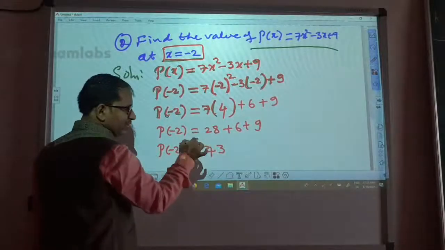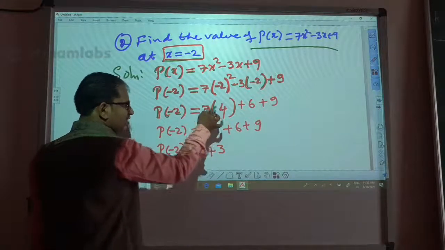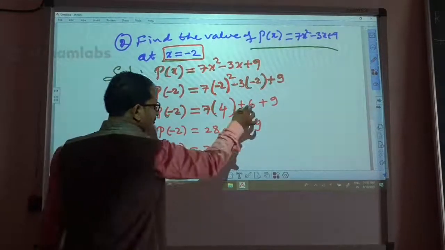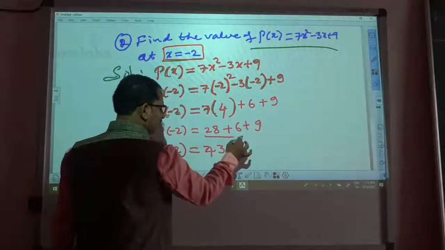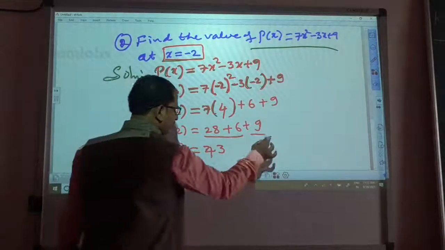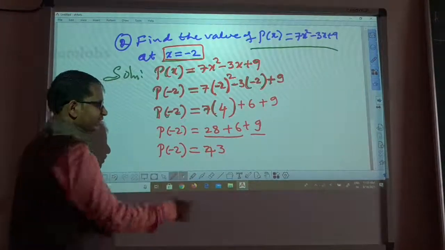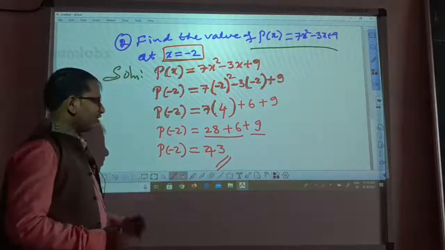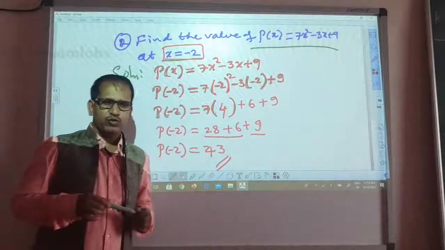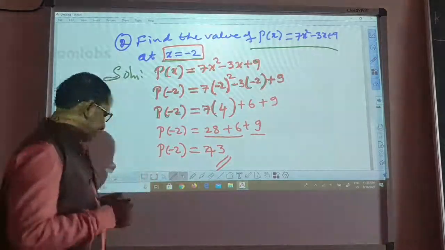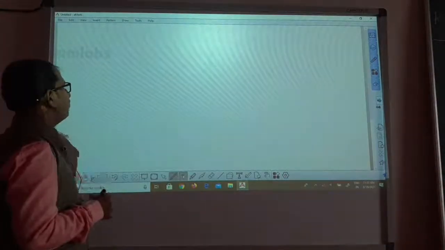Next, 7 fours are 28 because plus into plus is plus. 7 fours are 28, plus 6, plus 9 as written. Then 28 plus 6, 34. 34 plus 9, 43. This is the answer we got, or the value of the polynomial is 43 here. So we are going to solve the problem like that. So one more problem.